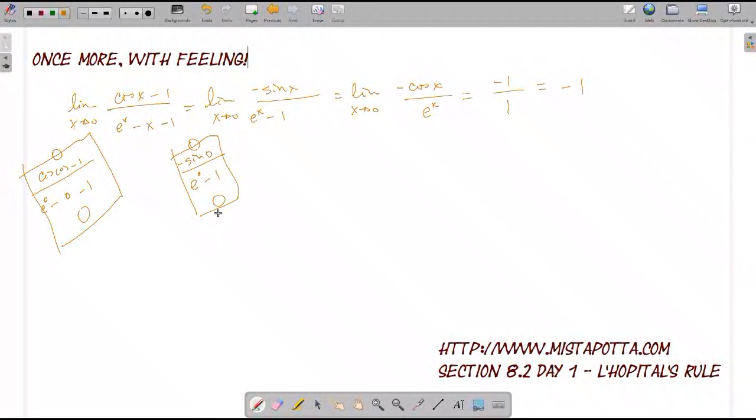And the other thing is that every time I use L'Hopital's rule, I'm taking the derivative of the numerator and dividing by the derivative of the denominator, and this is not the quotient rule.